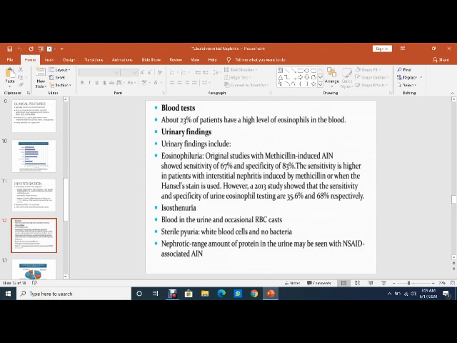Isosthenuria means the same specific gravity of the urine and the plasma. Blood in the urine or RBCs may occasionally be present. Sterile pyuria: white blood cells and no bacteria. A nephrotic range amount of protein in the urine may be seen in NSAID-associated AIN, because sometimes non-steroidal anti-inflammatory drugs can cause membranous nephropathy. If you perform an ultrasound of the kidney in these patients, it will show normal size kidneys.